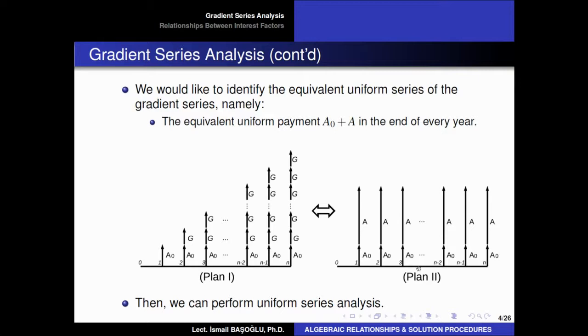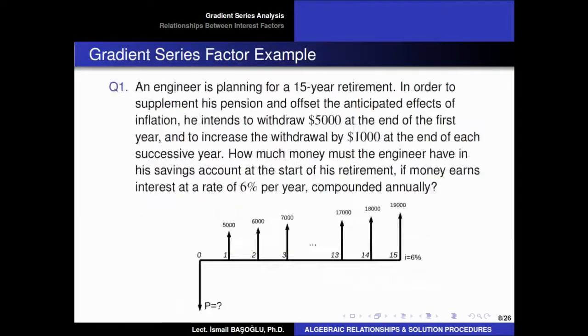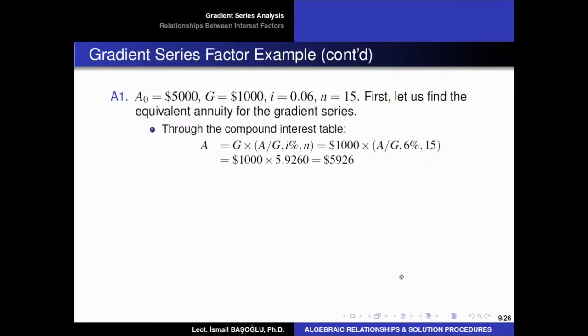We already have a formulation for that. We can multiply the gradient amount 1,000 by the gradient series factor A over G under I% interest rate for n years, where n is 15 and I is 6%.